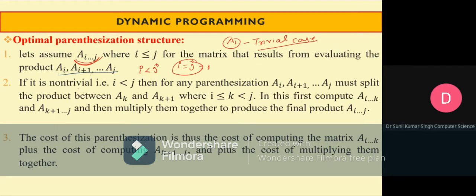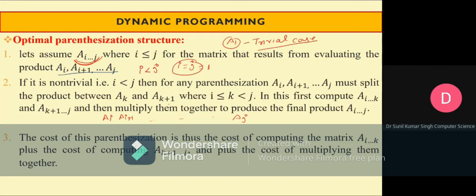If it is non-trivial, which implies that i is less than j, then for any parenthesization Ai to Aj, of course any number of matrices can be between Ai and Aj depending on the values of i and j, we must split the product between Ak and Ak+1. So it is something like Ai, Ai+1, somewhere here it is Aj, and k is somewhere between i and j.